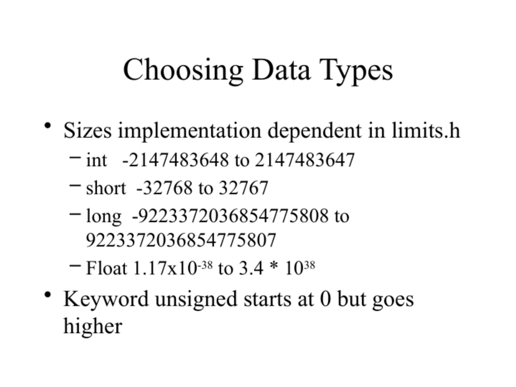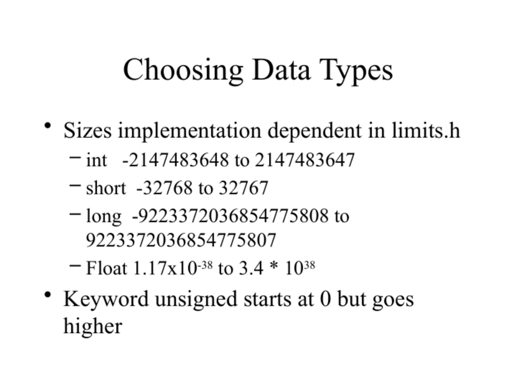For long, the range is much larger, spanning from a very large negative number to 9,223,372,036,854,775,807. When it comes to floating point numbers, the float type can represent values roughly from 1.17 times 10 to the power of minus 38 up to about 3.4 times 10 to the power of 38.